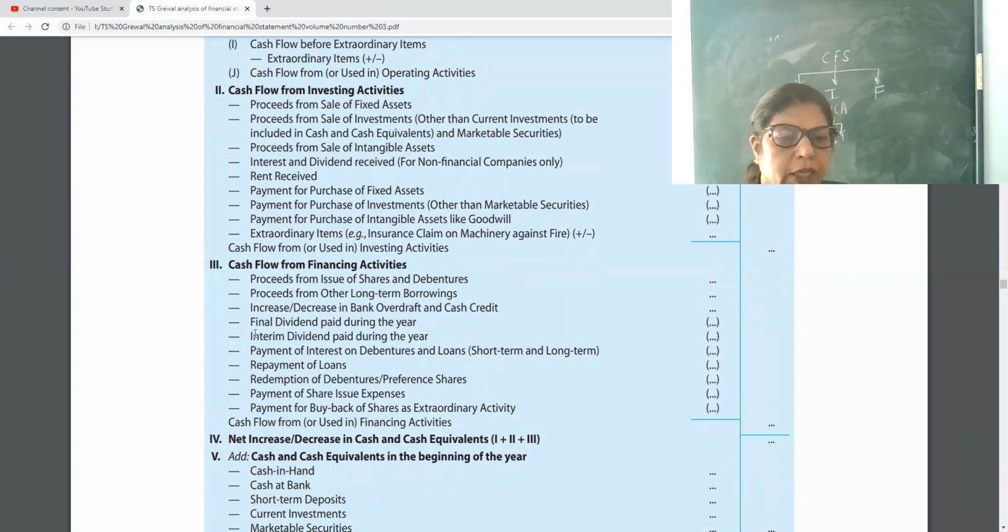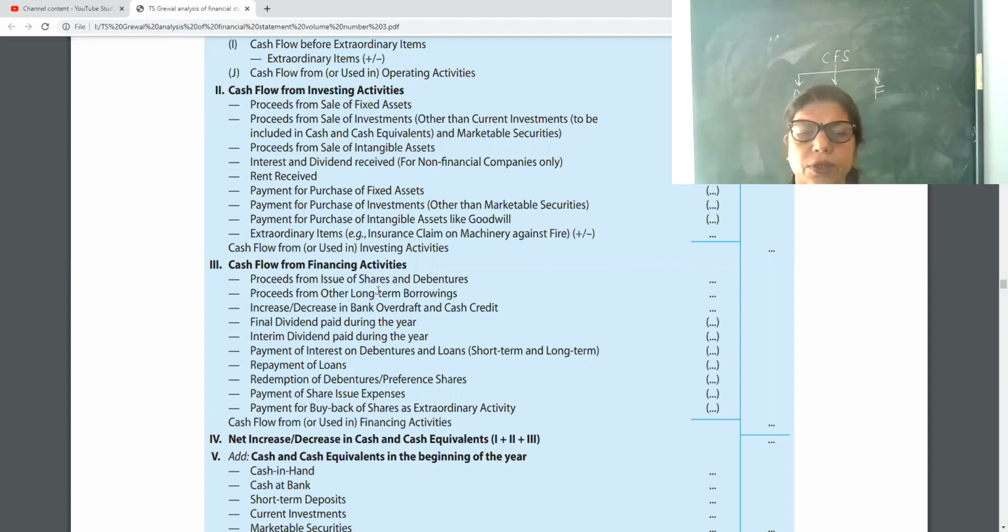Now, cash flow from financing activities. See, in financing activities, we have to write all sources of finance which are generally long term. In class 11th, we explained to you that there are two sources of finance, own and borrowed.